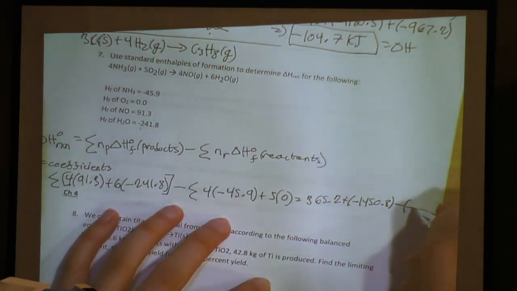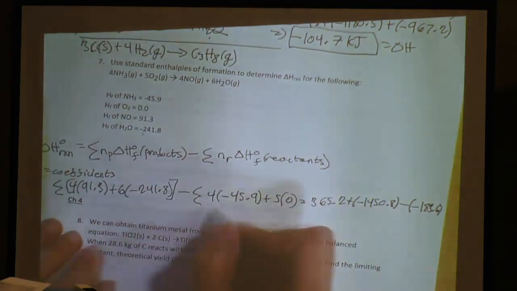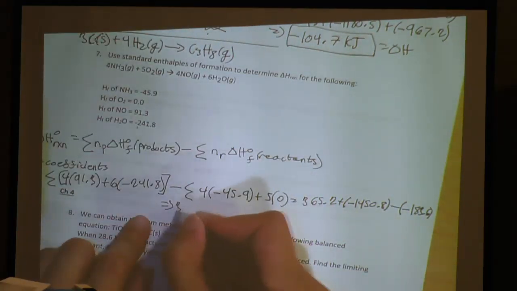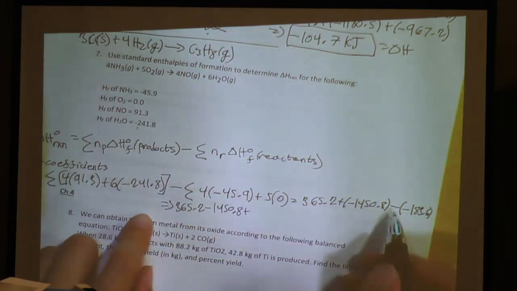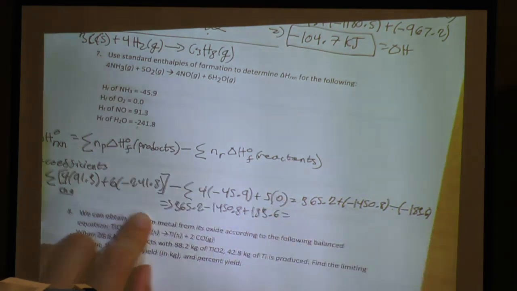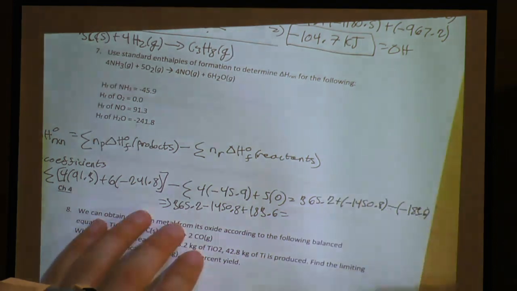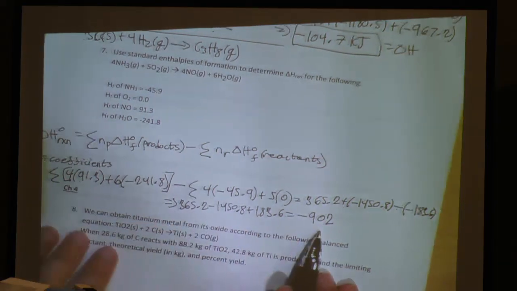This is negative 183.6, right? So all of this is going to be equal to 365.2 minus 1450.8 plus, right, because negative makes positive, plus 183.6. Now we can add it all together. So 365.2 minus 1450.8 plus 183.6. Negative 902. And there we go.